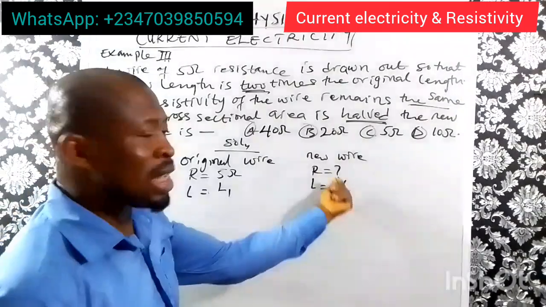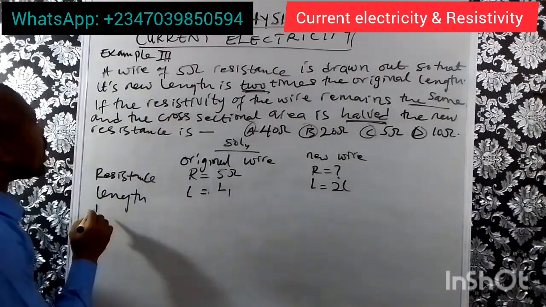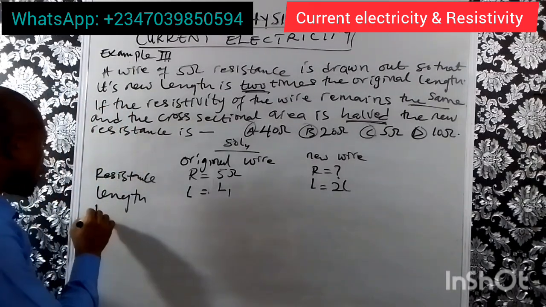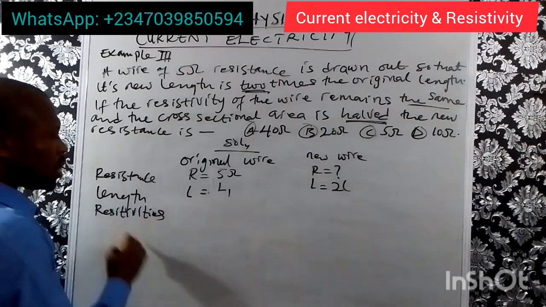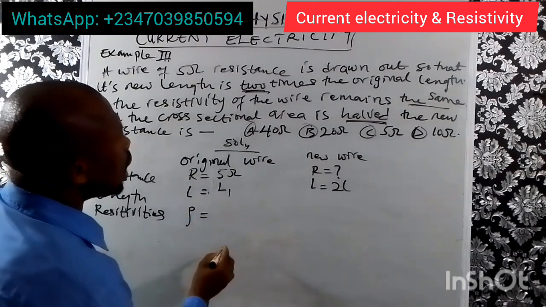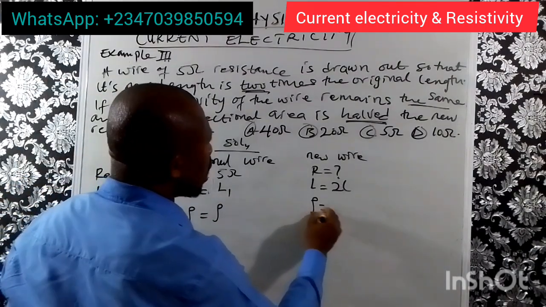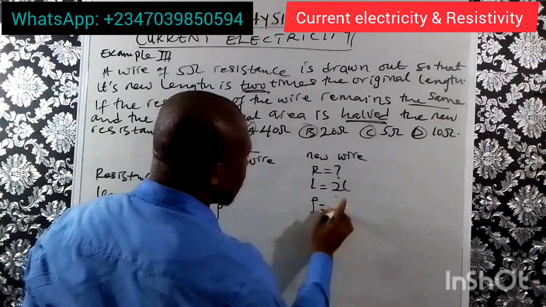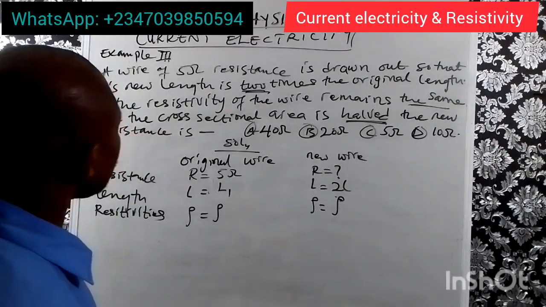Then in terms of resistivity, they say the resistivity remains the same. The resistivity rho here and rho here are the same. Okay. Area now.